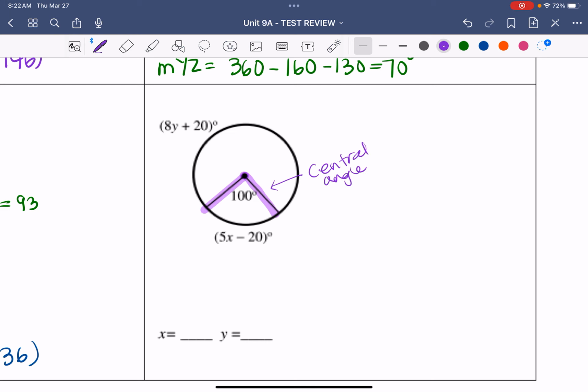So that means that the 5x minus 20 has to equal 100. Let's add 20 to both sides. So 5x equals 120. And then divide by 5. X equals 24.